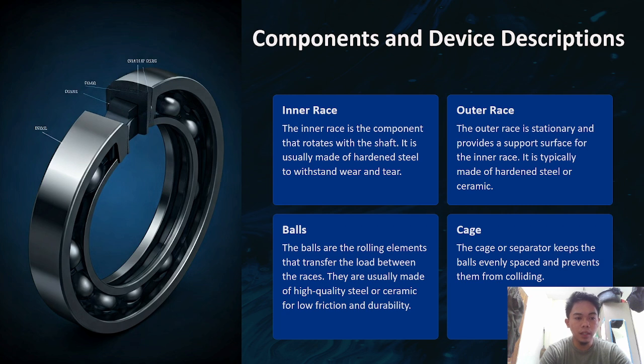So, typically made from hardened steel, the inner race is engineered for strength and durability. The hardening process increases its resistance to wear and tear, which is crucial since it endures constant friction and stress during operation.